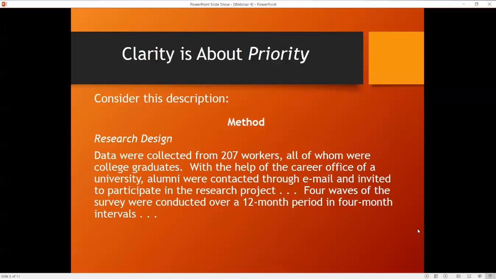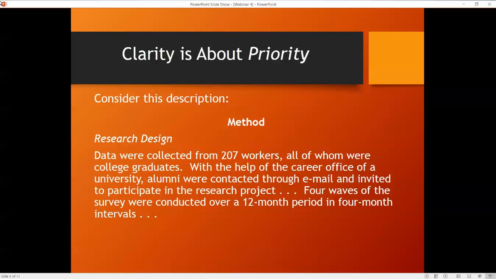This is a description of methodology from a recent paper. It was written by a professor, so it's not a new author. What I'm going to say is not a criticism of the overall paper. It's just looking at the way the research design and the methodology used are conflated.